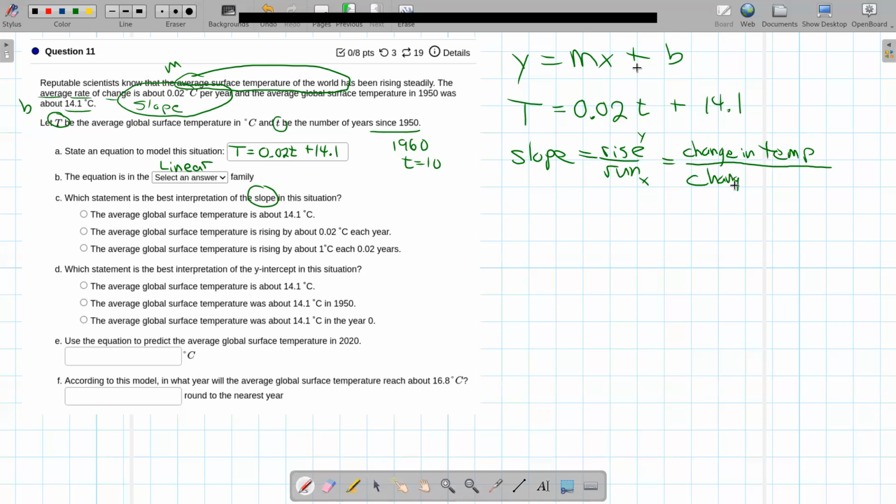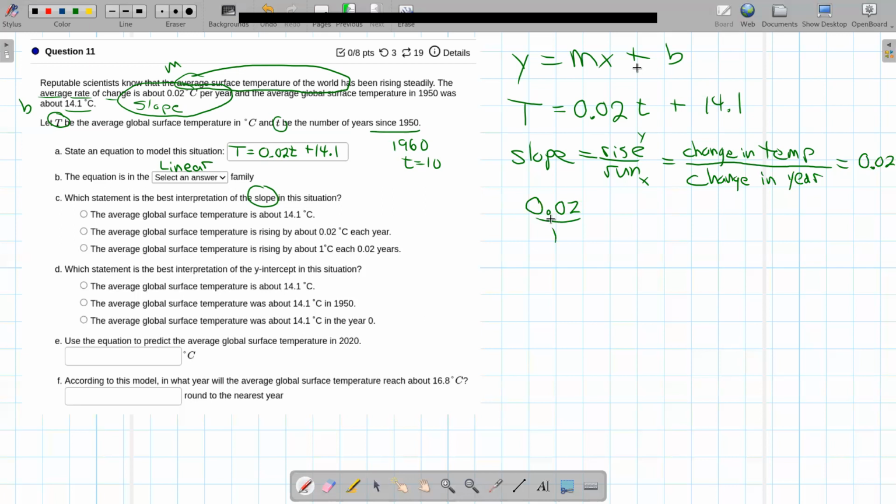So I have to take these two ideas, that the numerator is a change in the average surface temperature of the world, and the denominator is a change in the year, and use that to relate the number 0.02. And if the number doesn't come as a fraction, we can easily write it as a fraction by just putting it over 1.